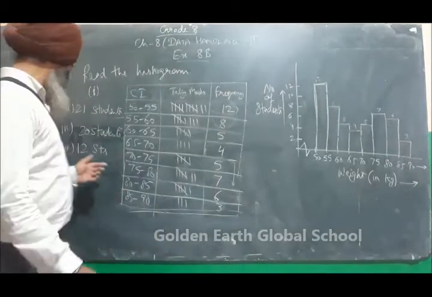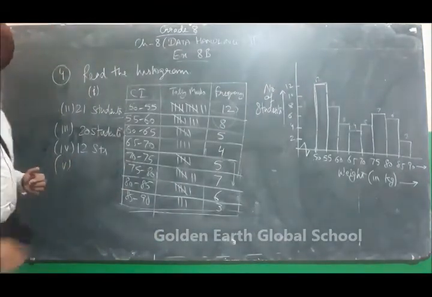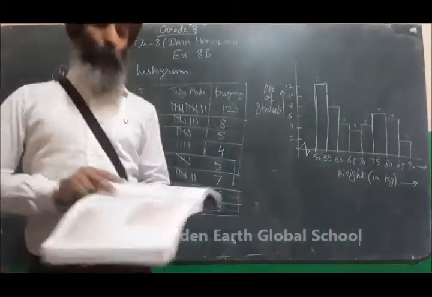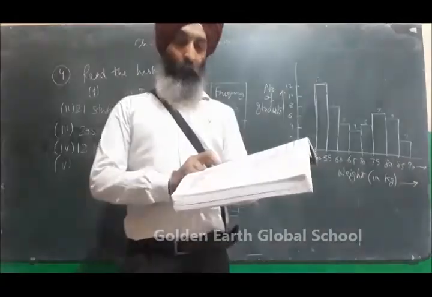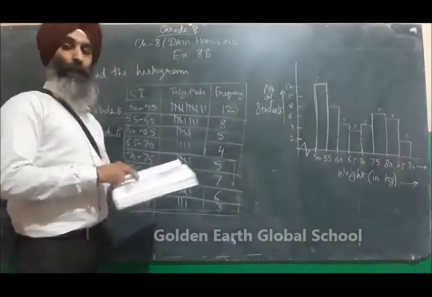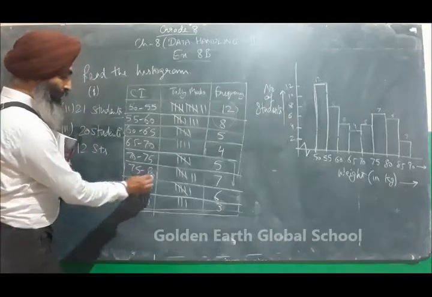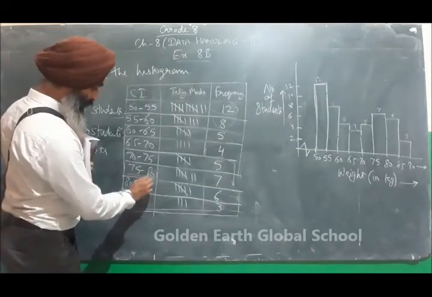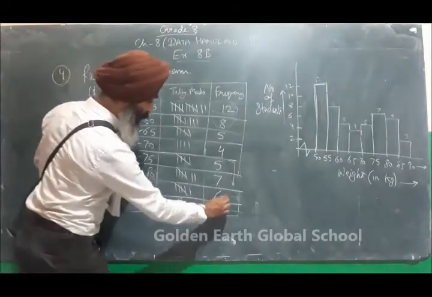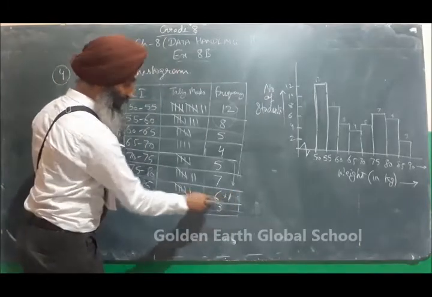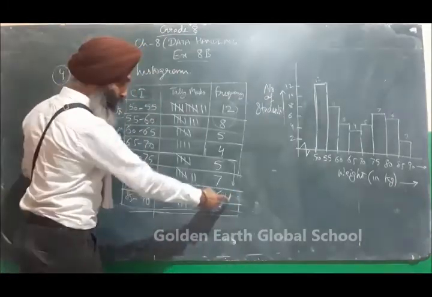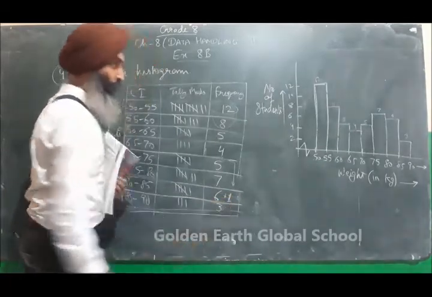In the fifth part it is given that one more student weighing 82 kg joins this group. So 82 kg will lie in this group. I have marked one more here.